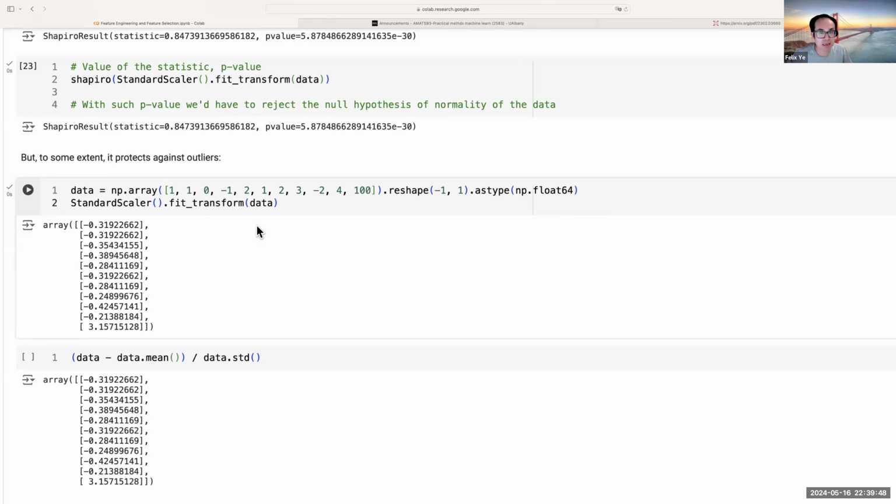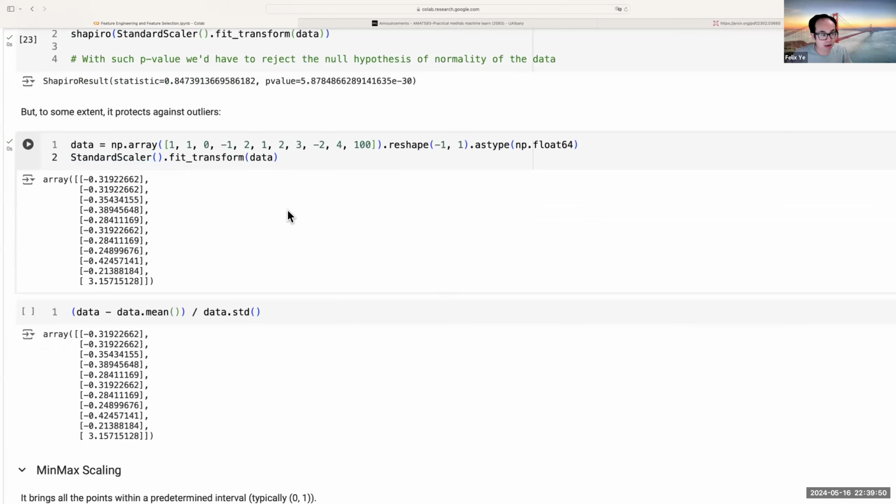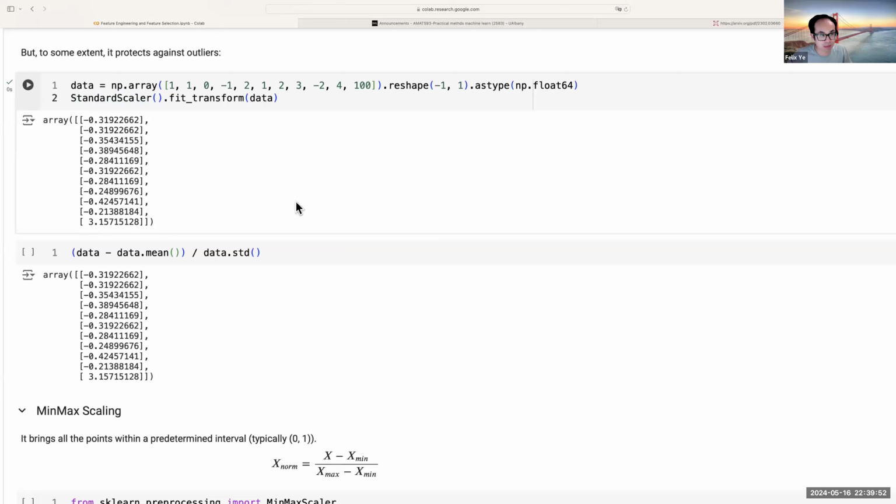So once we have an outlier, it doesn't do a super good job. To some extent it protects against outliers, but in some sense the outlier still shows up here. It's still there.